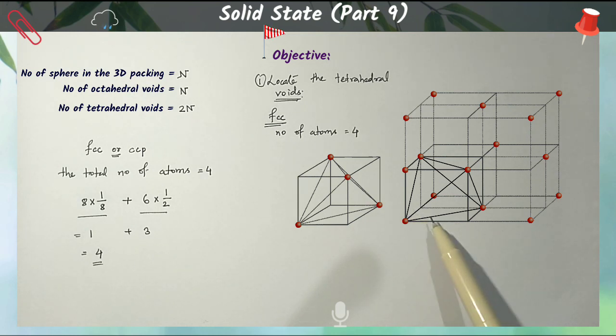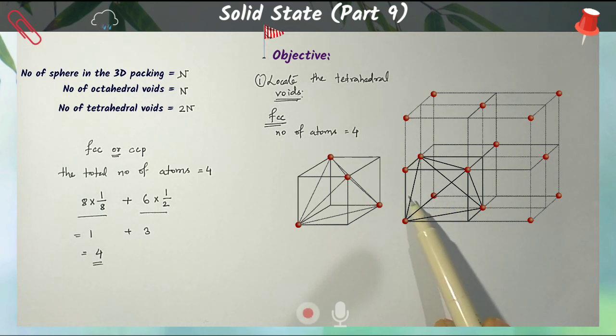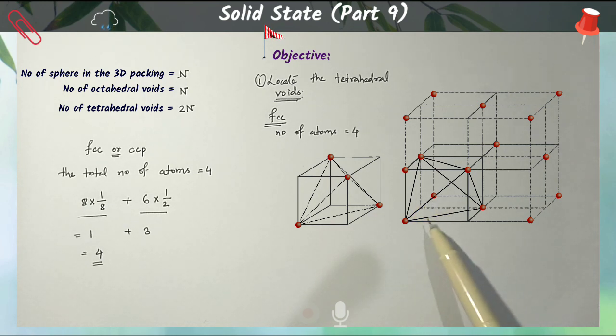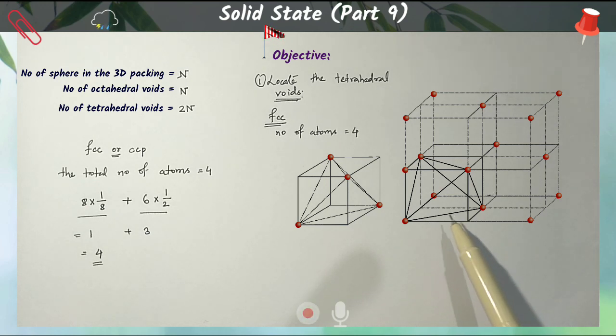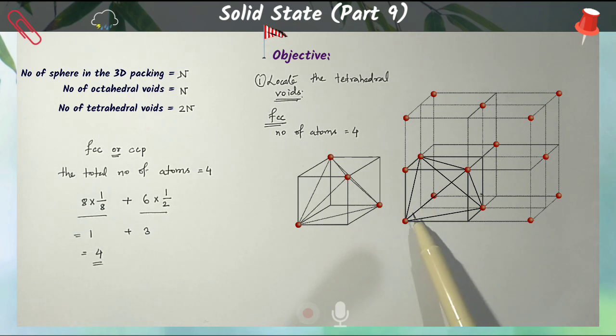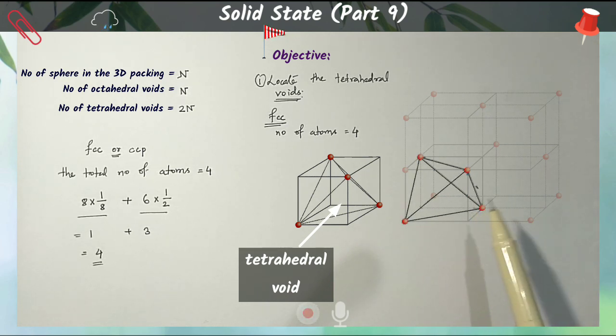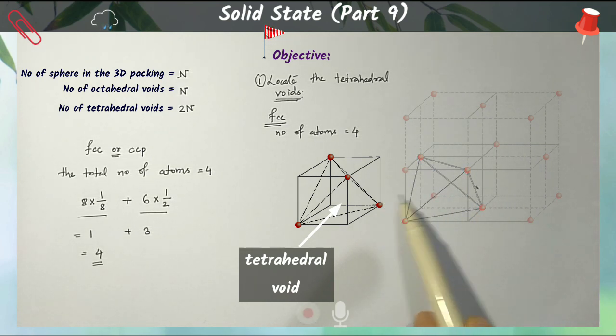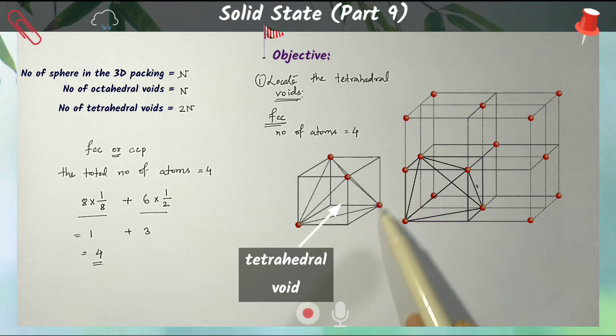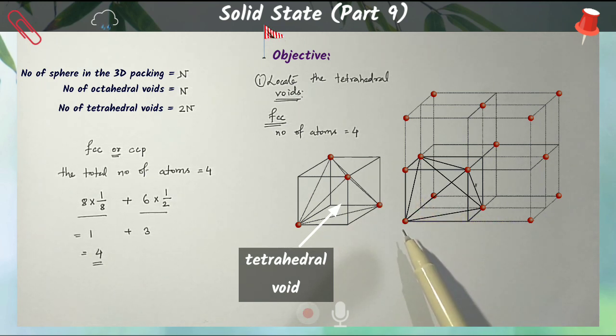We can join these atoms by straight lines, and it will give a regular tetrahedron. This represents a tetrahedral void. So in one small cube, one tetrahedral void is present.